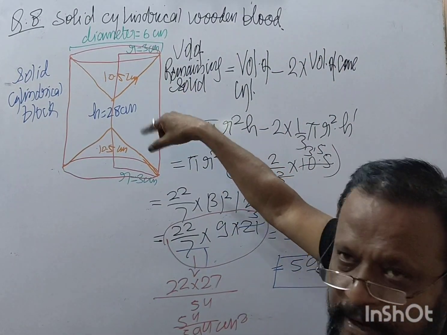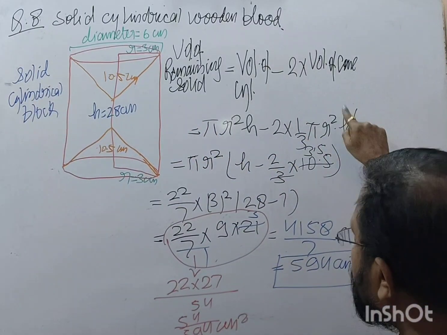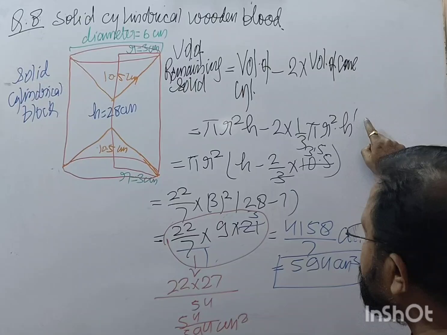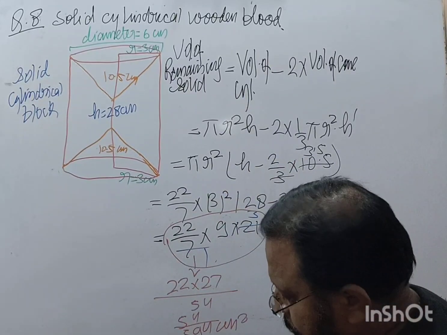Both the cones have the same height, so that's why I put here 2 into volume of cone, 1 upon 3 pi r square, it is having h dash. So that's why we did it like that. Right?